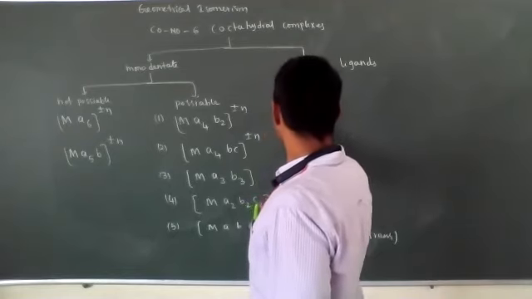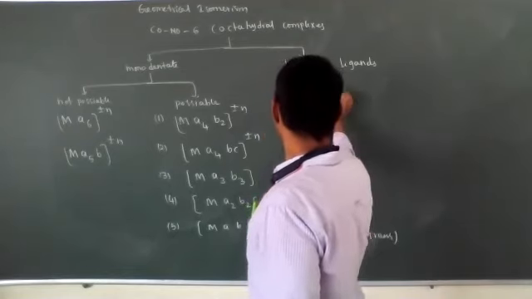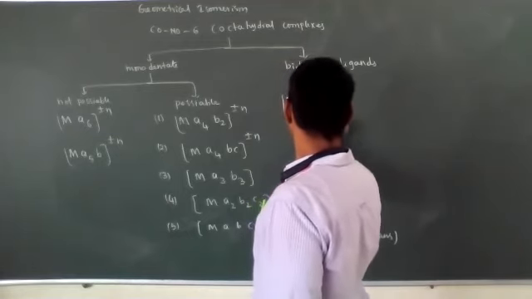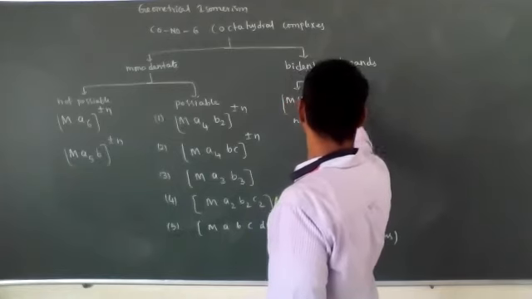M(AA)3 is not possible to exhibit geometrical isomerism.